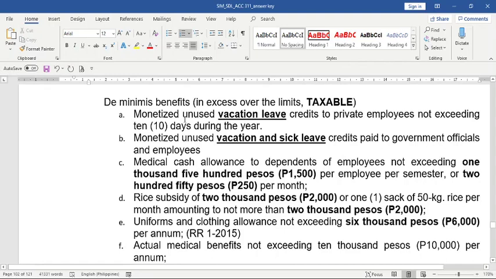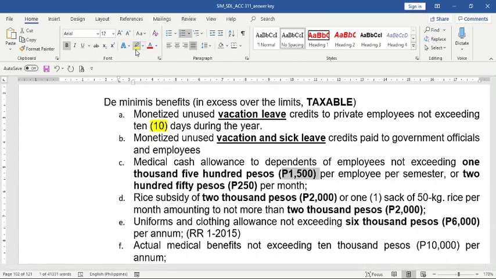Okay. Monetized unused vacation leave credits of private employees not exceeding 10 days. The excess of it is taxable. Monetized unused vacation and sick leave credits paid to government officials and employees. So, there is no limit for government officials. Medical cash allowance to dependents of employees not exceeding 1,500 per employee or 250 per month.